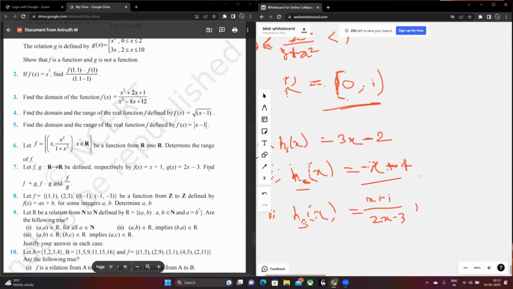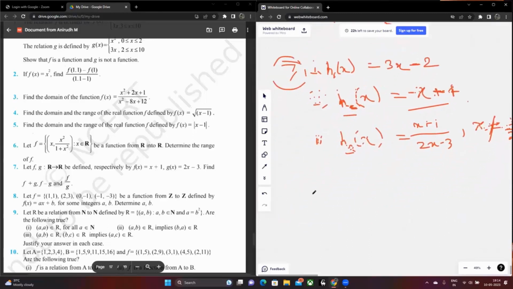So g of x should not be equal to 0. So x does not equal 3 by 2. That is your condition for the third thing. This is f by g, that is h3 of x, that's x plus 1 by 2x minus 3, where x is not equal to 3 by 2. That is the 7th question.